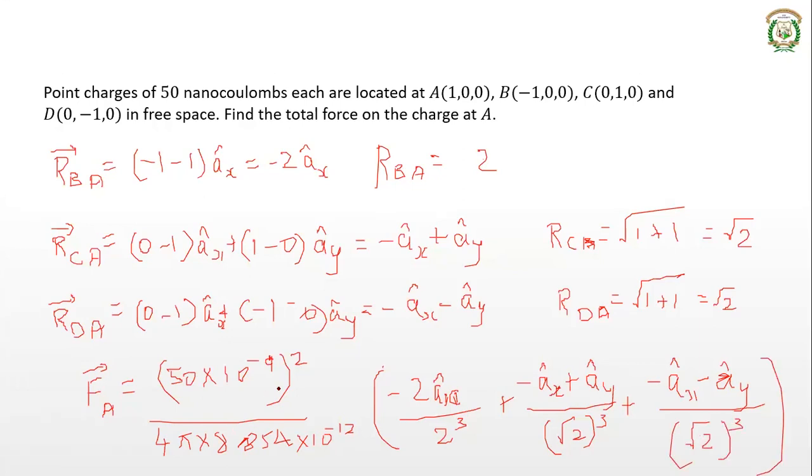So you have to simplify this. Then you need to get the answers in terms of AX, AY, and AZ. So all of you please calculate this and tell me the components of AX, AY, and AZ.